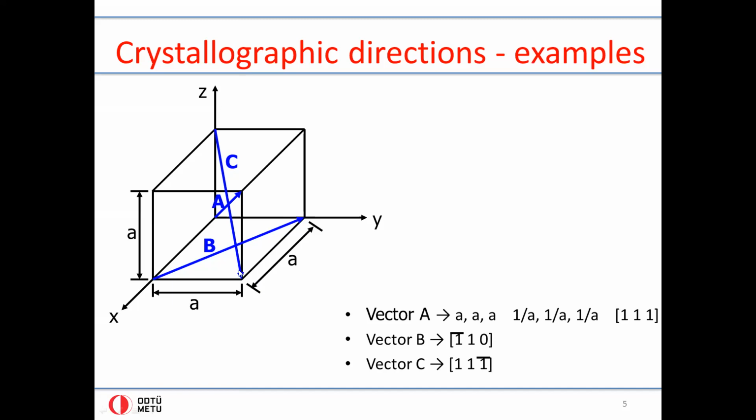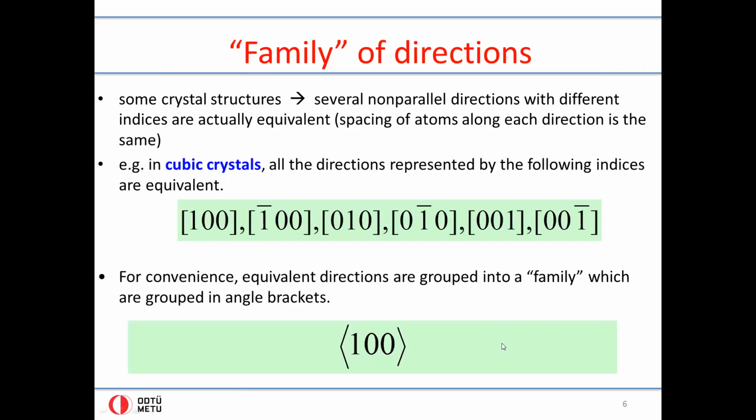In the z axis, it is negative because it's moving along the negative z axis. And along y and x, it is moving in the positive sense. It is 1 times A, 1 times A, and minus 1 times A. And that gives you 1, 1, minus 1. Minus 1 again indicated as such. So this one is correct. This one was incorrect. And we fixed it.